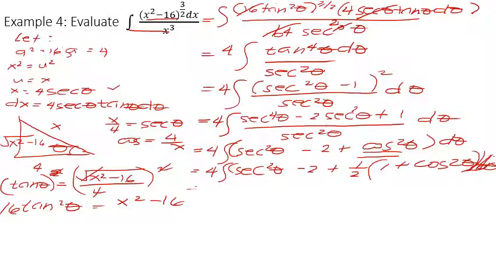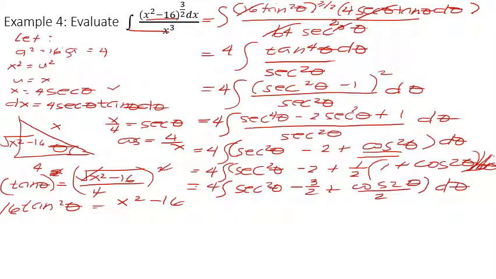With this, we simplify: we have secant squared theta minus 2, minus 1 half, I mean minus 2 plus 1 half, that's 3 halves, right? Then plus cosine 2 theta all over 2, then d theta. We integrate each term.